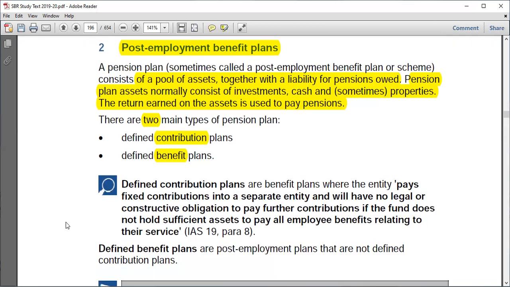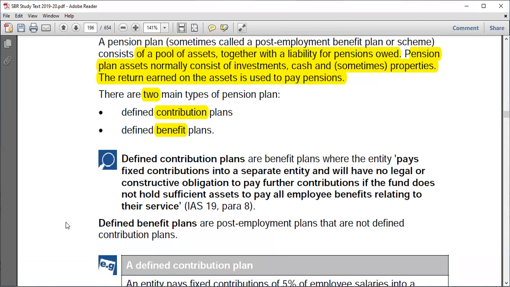The way to account for that we'll see later. But for the defined contribution plan, I think you can see it right away. Defined contribution plans are benefit plans where an entity pays a fixed contribution into a separate entity, right? Maybe it's a pension fund institution which receives such funds.